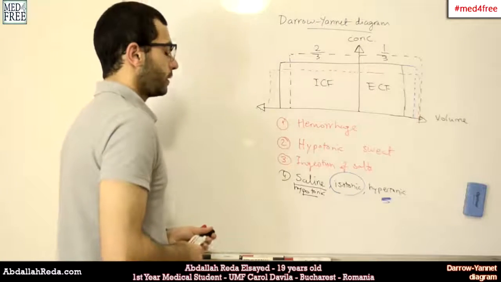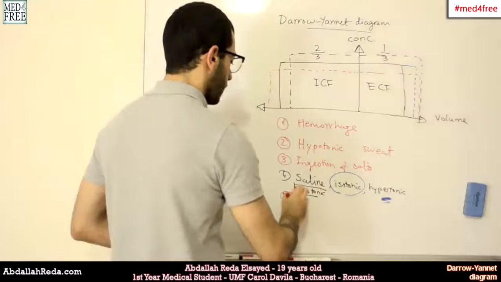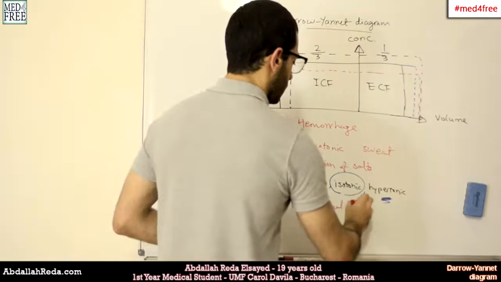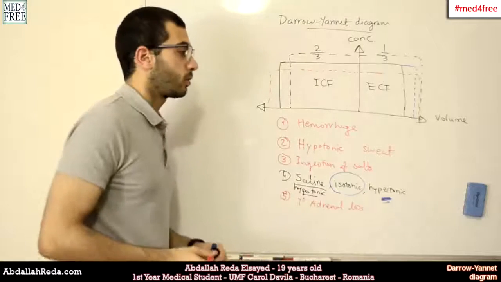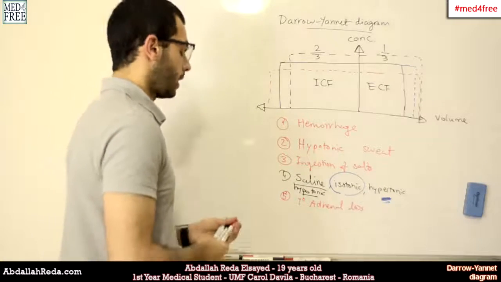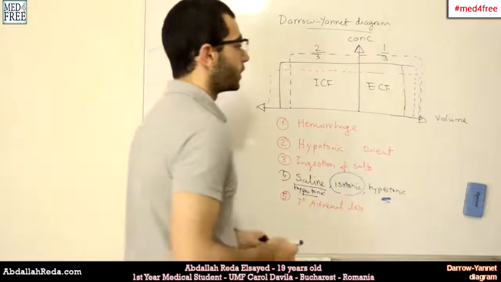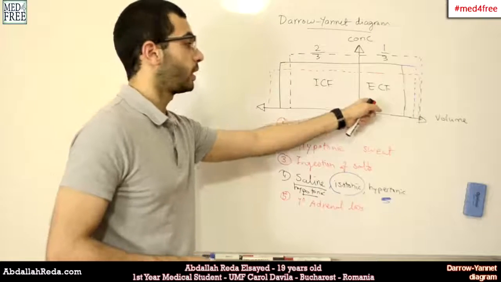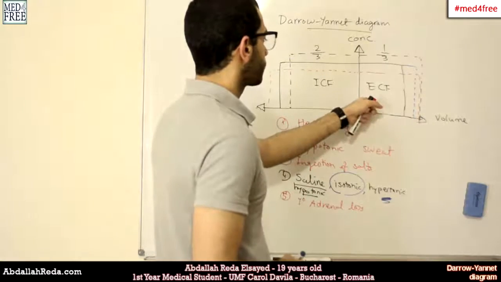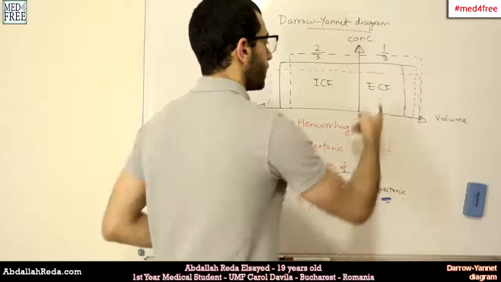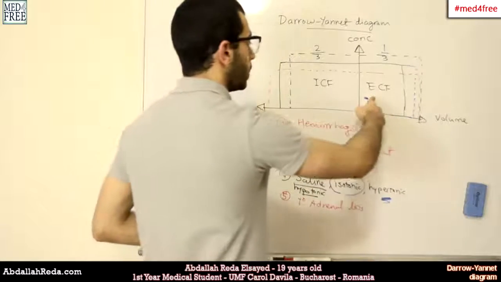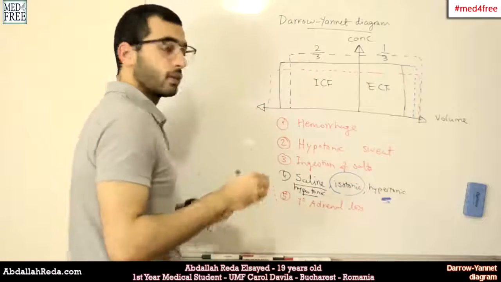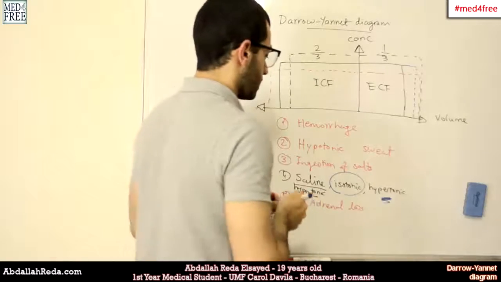And finally, we have the primary adrenal loss, and this leads to the loss of salts and particles from the fluids. So of course this will lead to the decrease in the concentration of the extracellular fluid, and also we have a decrease in the fluids themselves because it's an adrenal loss.